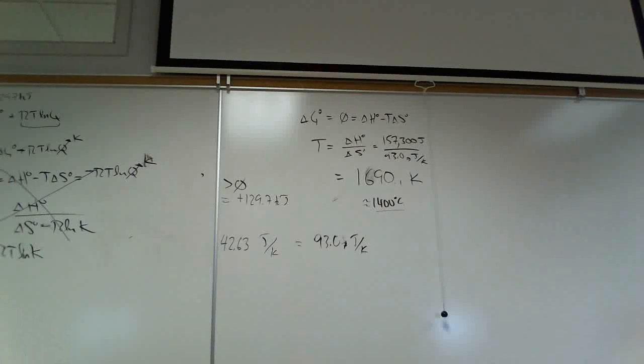K is equal to e to the minus delta G naught divided by RT. Is this the right direction?